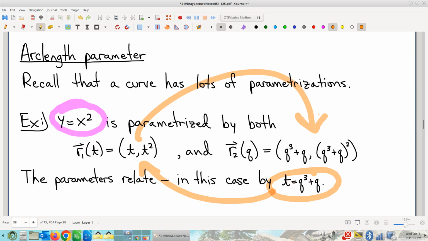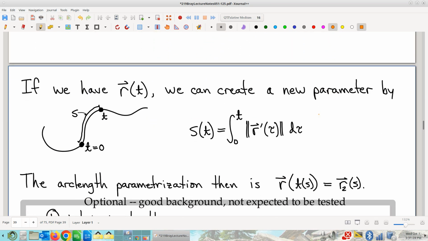And literally, plugging in this formula for T into the left parameterization produces exactly this right parameterization. So this is called a reparameterization. And all you need to do a reparameterization is a formula for T in terms of your new parameter. Plug it on in. So, here's a new parameter that you can use.